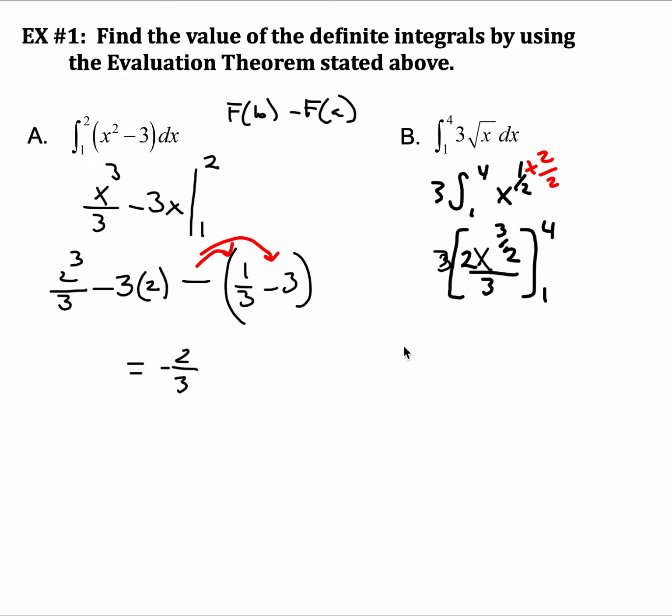When I plug it in, make sure you have the 3 on the outside, and this is going to be 2 times 4 to the 3 halves. Maybe you want to express this back as the square root of 4 cubed, over 3, minus 1 to the 3 halves, which is just going to be 1, since 1 to any power is 1.